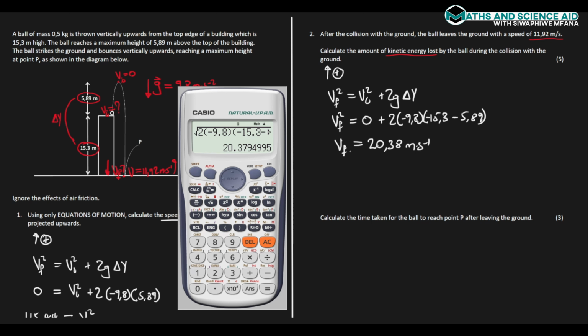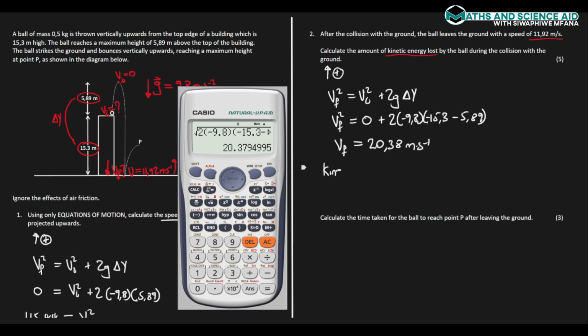This is the speed at which the ball hit the ground. But as you can see, the speed at which it bounced off the ground is only equal to 11,92, which clearly shows that a significant amount of kinetic energy was lost during the collision.